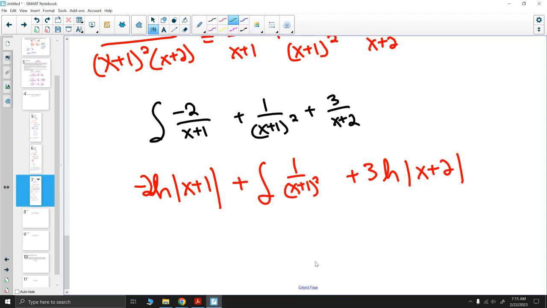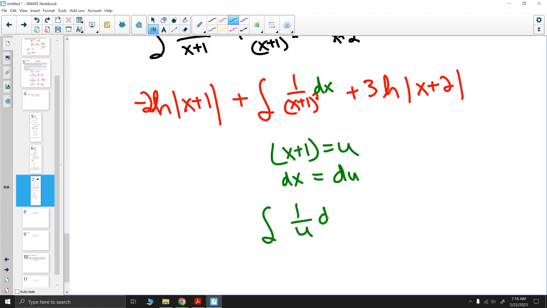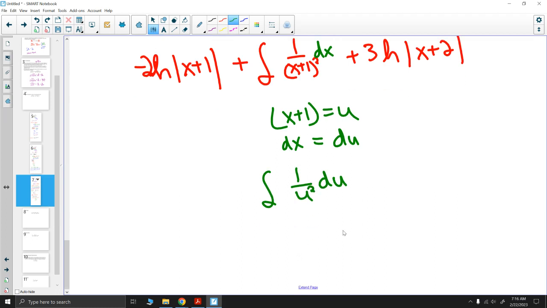So this integral here, if we write x plus 1 as u, then du is equal to just dx. So essentially we could replace this as the integral of 1 over u squared du, sorry, which is to say the integral of u to the -2 du.